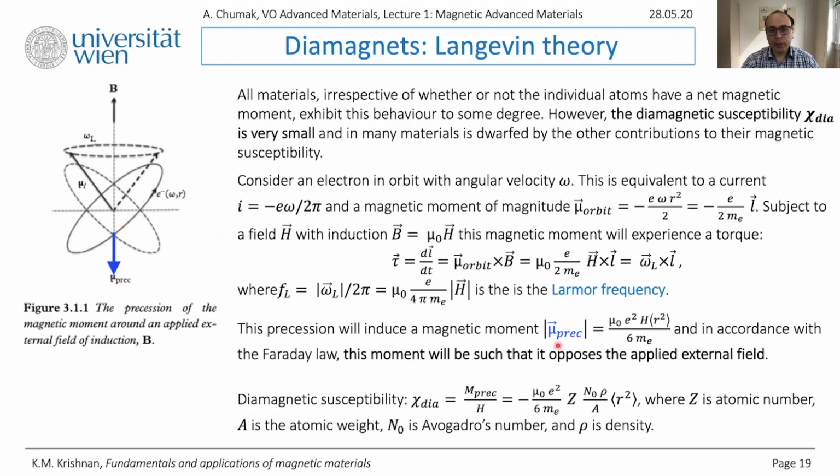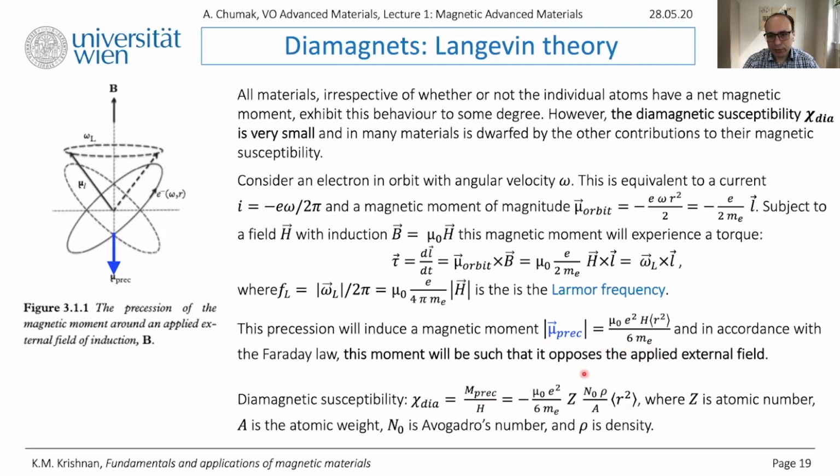Then what we can do, having this magnetic moment for each atom, is calculate the diamagnetic susceptibility. In order to do so, you first need to find the magnetization, M, and for that you just need to sum up all the magnetic moments you have in your system.